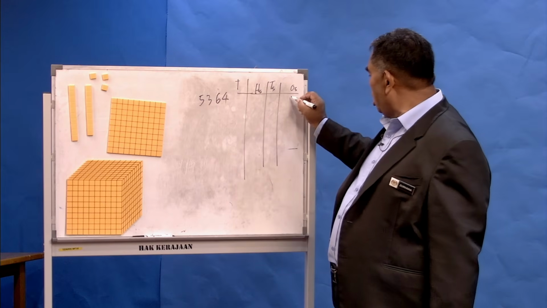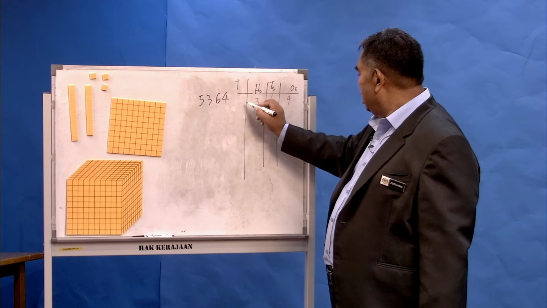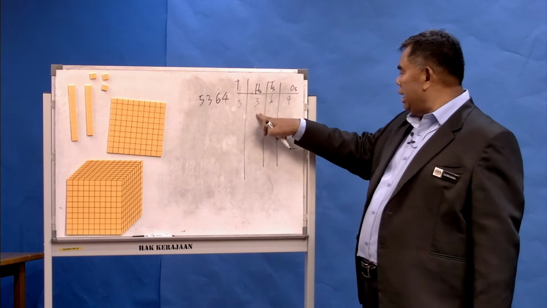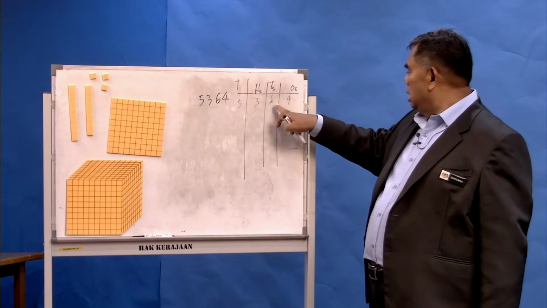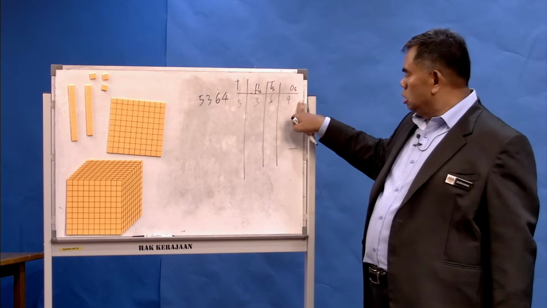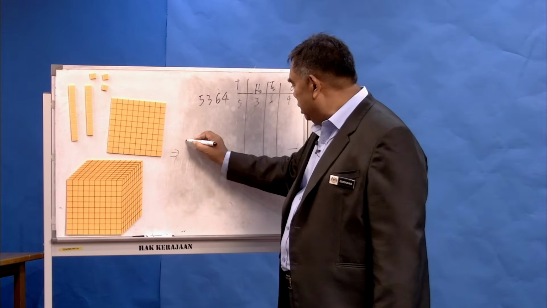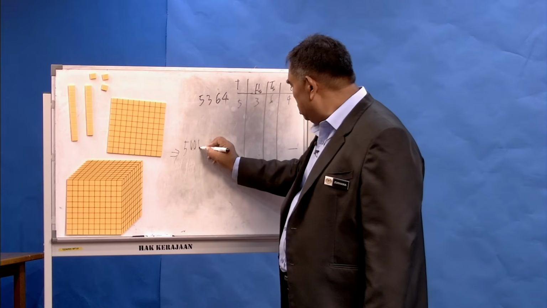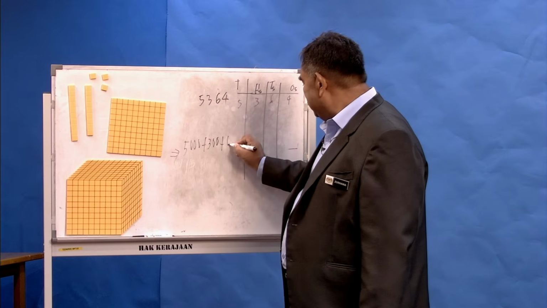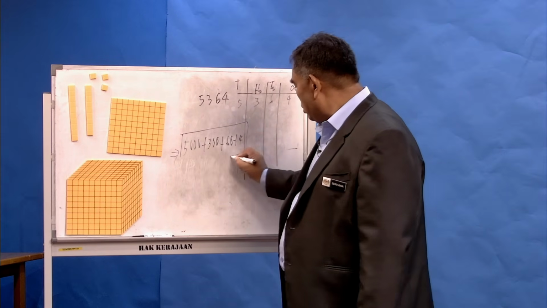So it's 4, 6, 3, and 5. It is 5,364, and we can decompose this as 5,000 plus 300 plus 60 plus 4. This is the number concept from here.